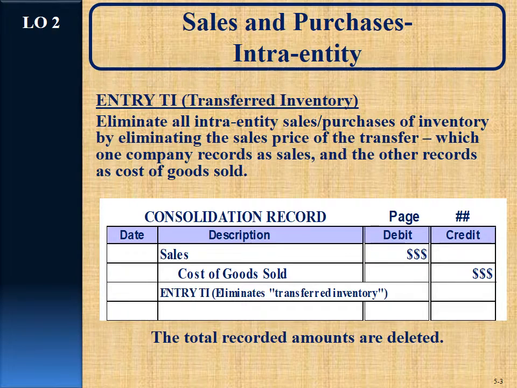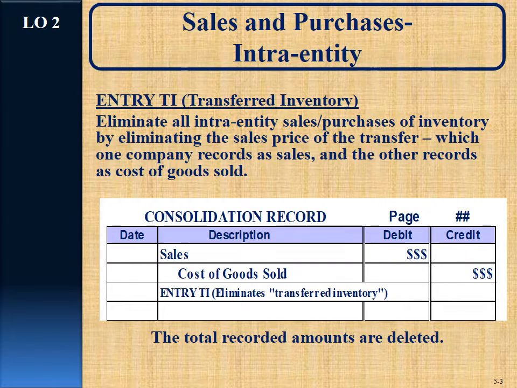So, the following consolidated worksheet entry is necessary to remove the resulting balances from the externally reported figures. Cost of goods sold is reduced here under the assumption that the purchases account usually is closed out prior to the consolidation process. And that's key.